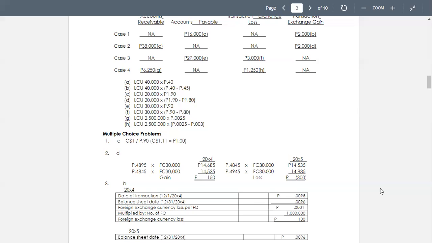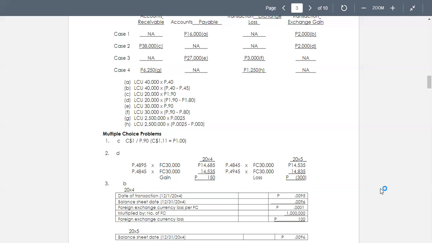You multiply that by 30,000 for 20x4. And we have 0.4845. That's the spot rate, for FCU was 0.4895 on March 1. And the spot rate at year end was 0.4845. So there's a gain equal to 150 pesos.